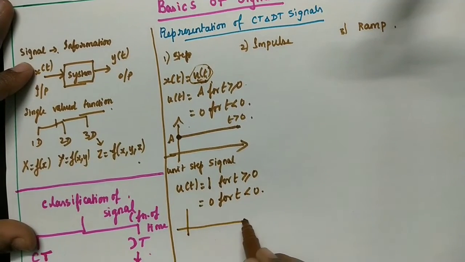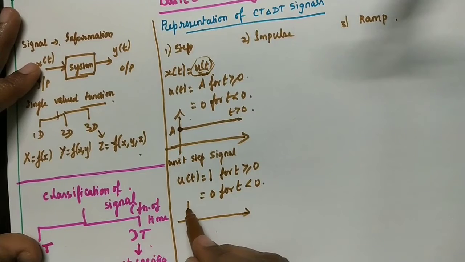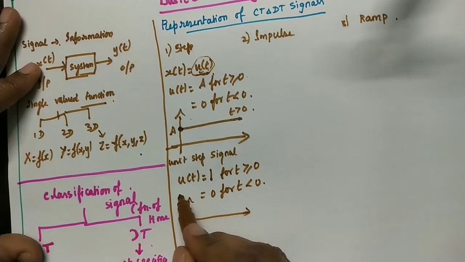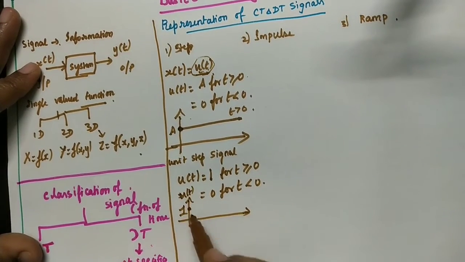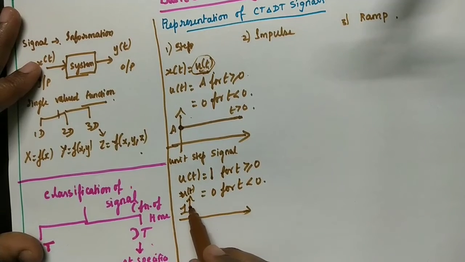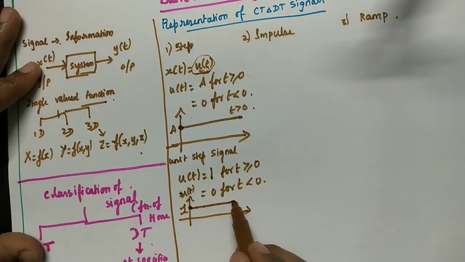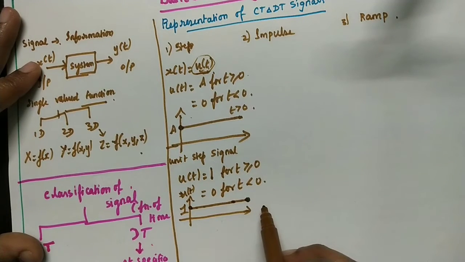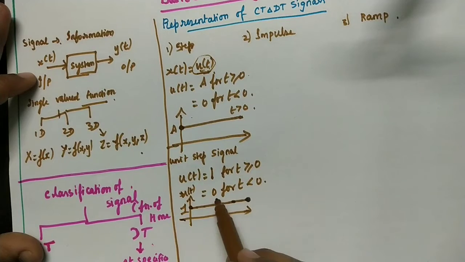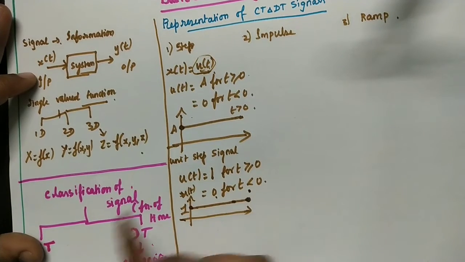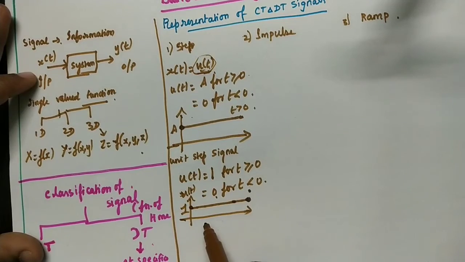The amplitude is 1. This is the representation of the unit step signal: u of t equals 1 for all time greater than or equal to 0, and in the negative side it will be 0.